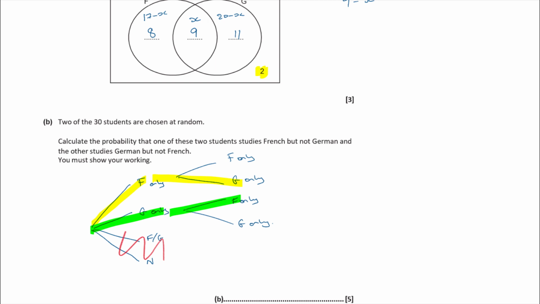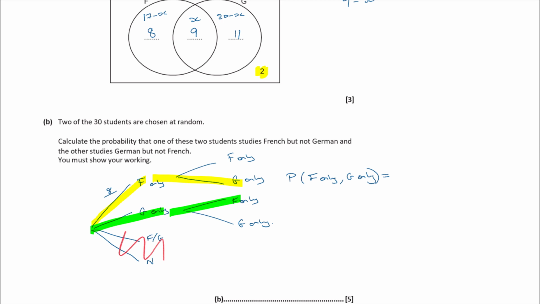Okay, so what is the probability then of French only and then German only? What's the probability of going down that branch there? Well, on the first selection, you've got 30 people to pick from, and there are 8 in the French only region.